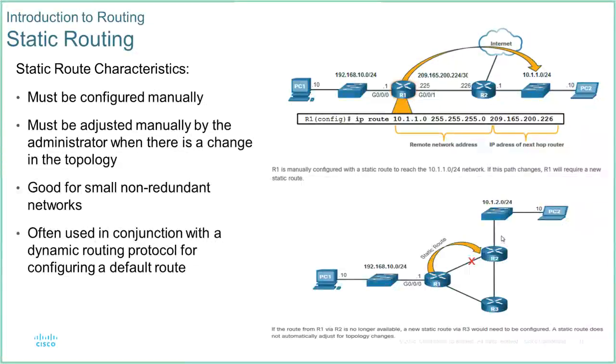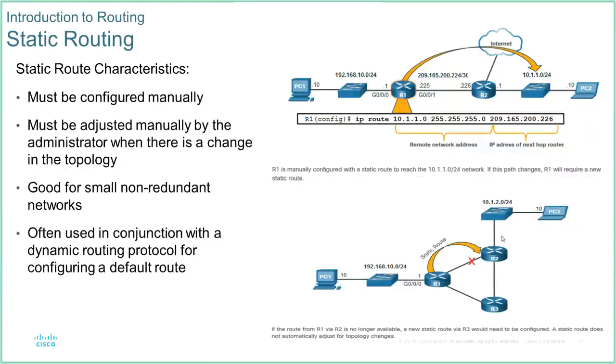So the problem with static routes is that every time a topology change occurs, we have to manually go in there and create new entries every time something changes. They do not respond well to changes in the topology.